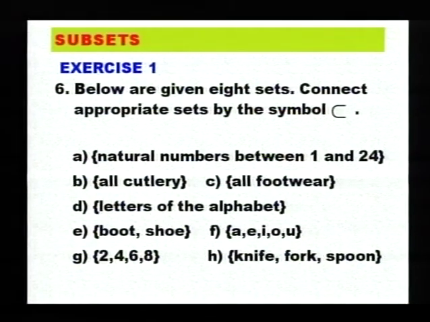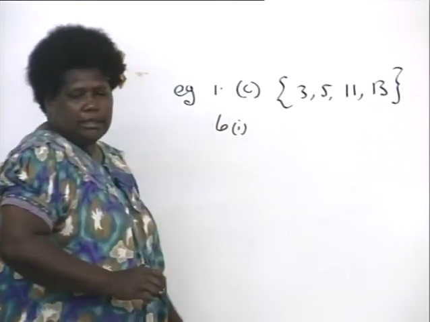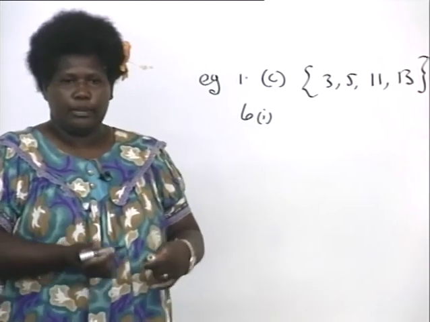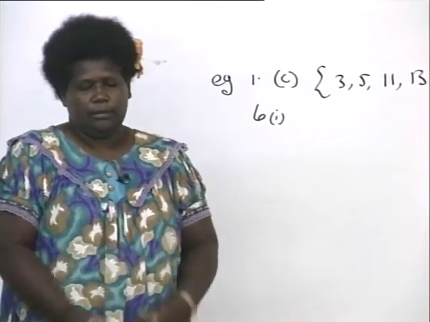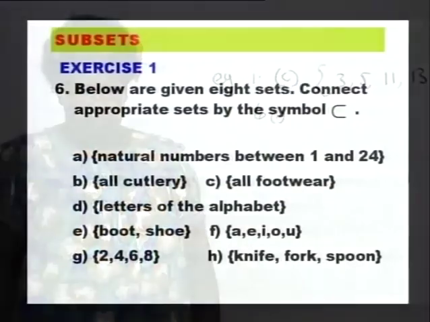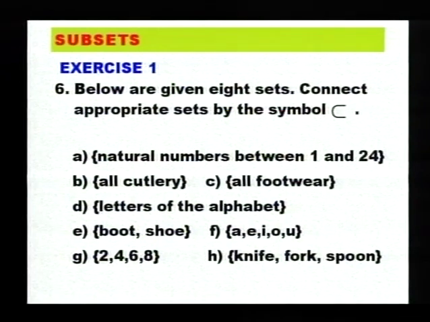This is what you do for that question. Question 6. I'll just do one of them only. Tell me which of those is a subset of which one? Yes, Siegfried. Just so that we do one example so you know what to do.